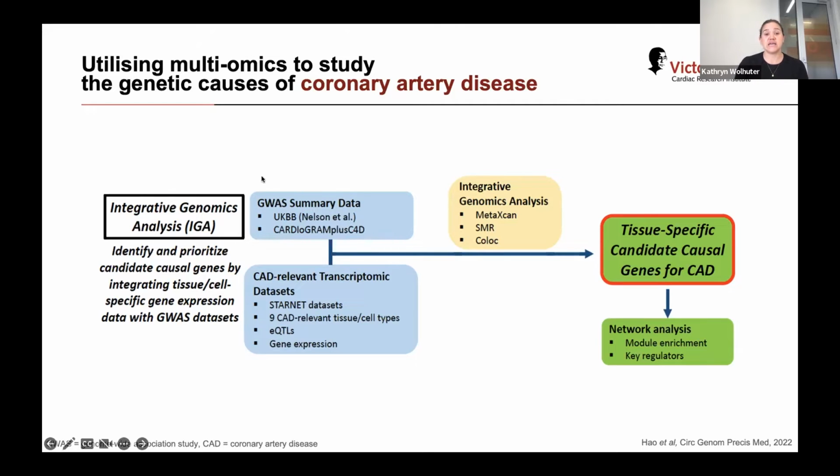So with this study, we took GWAS data from the UK BioBank and also CARDIoGRAM and integrated it with these STARNET transcriptomics data sets. This was data from 660 patients with CAD as well as healthy controls, and it looked at the expression of genes in 9 cardiovascular or CAD relevant tissues, which includes the aorta and the mammary artery, along with non-CAD tissues.